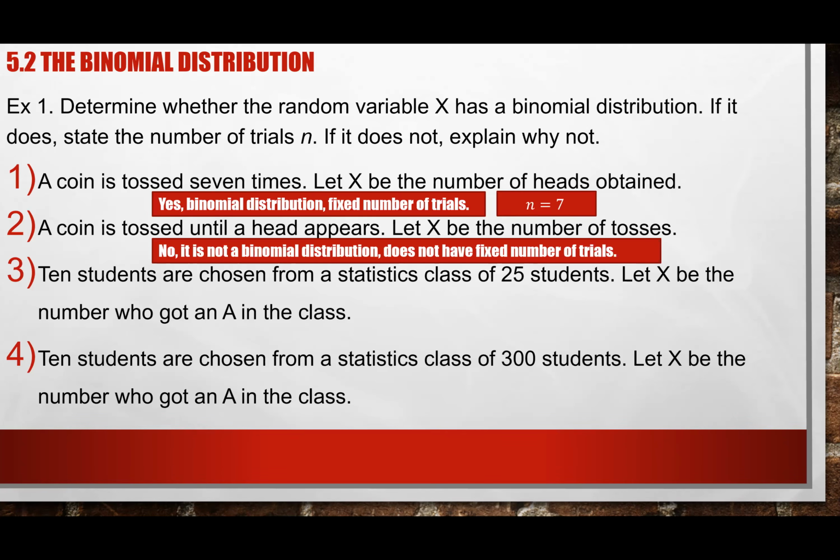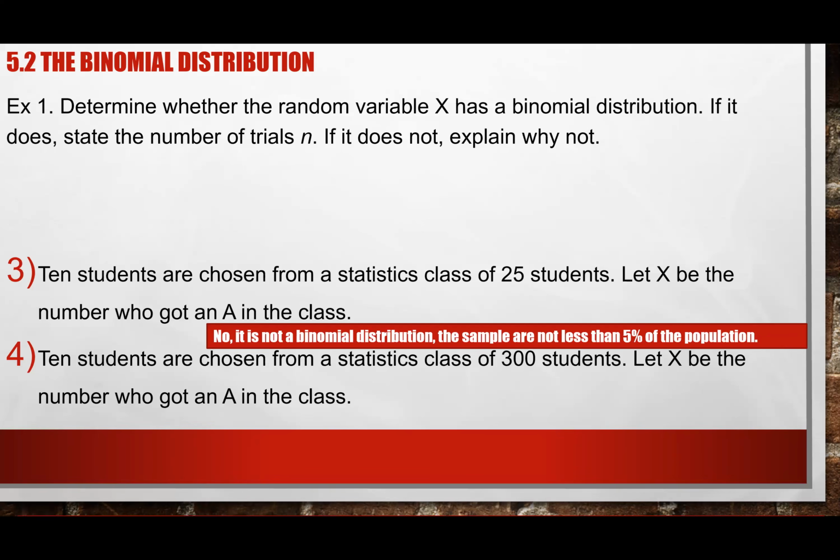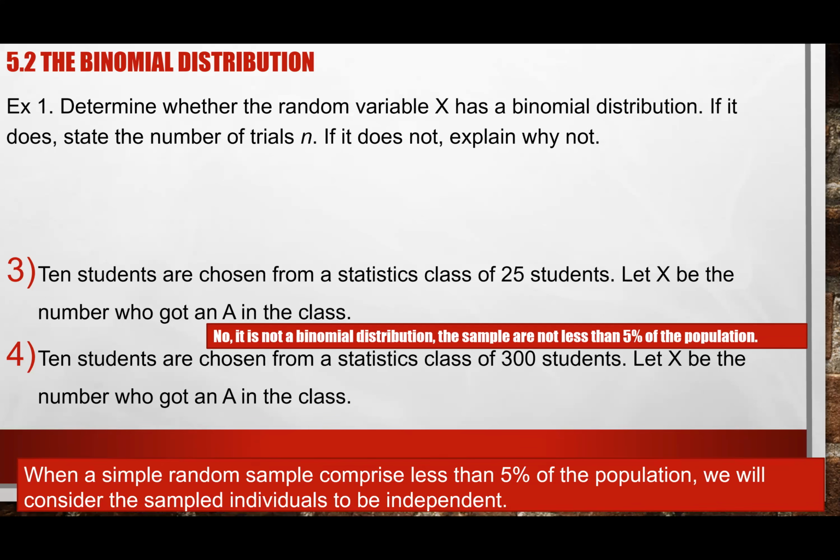And then if you look at number 3 and number 4, well, number 3 and number 4 are a little bit different, and I want to show you this because on Connect Math, they throw this item at you guys. Basically, ladies and gentlemen, in this case we have a fixed number of students, or fixed number of items, right?